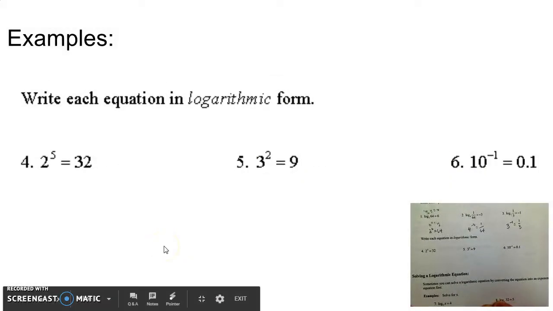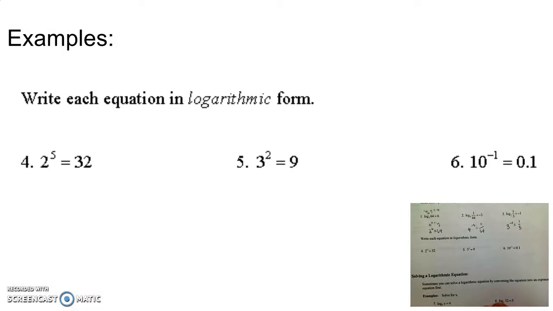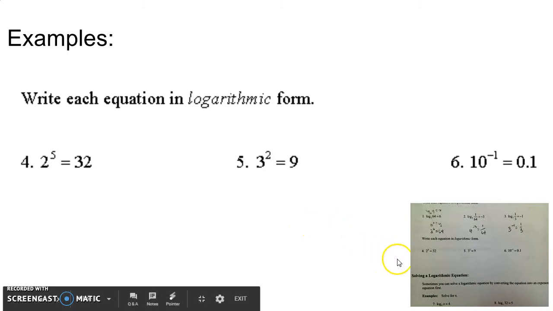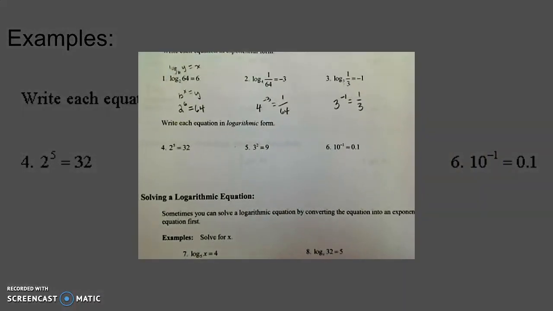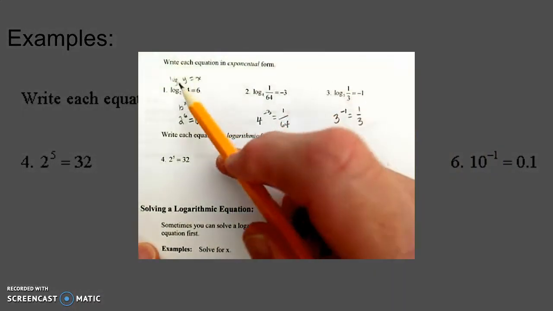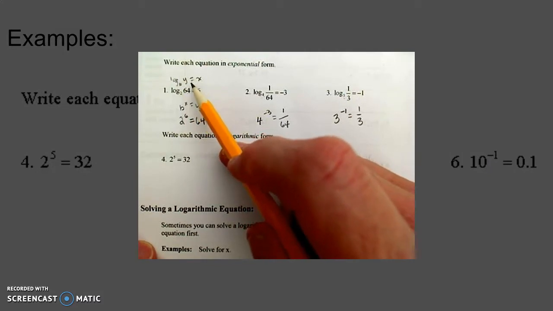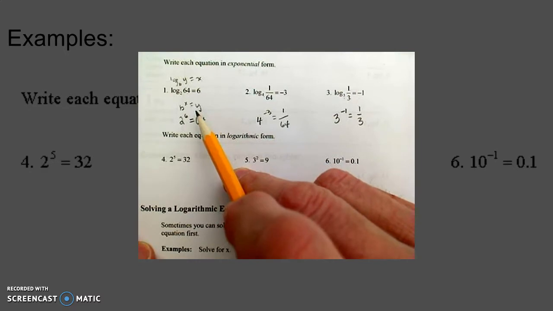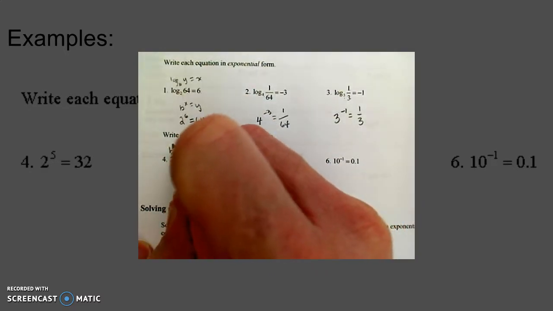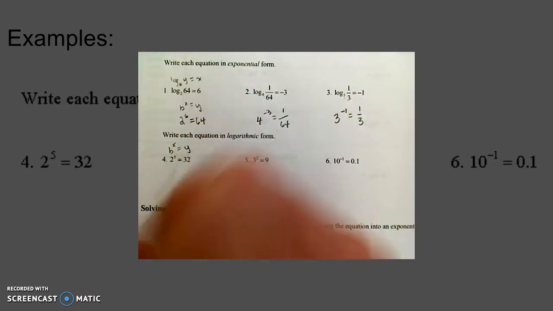Now let's try to go the opposite direction. Let's take an exponential expression and rewrite it in logarithmic form. So remembering again, log base b of y equals x is equivalent to b raised to the x equals y.